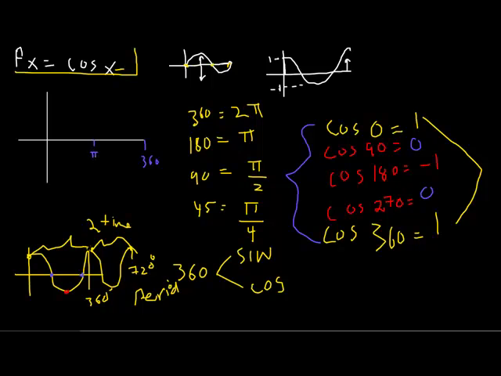This is half of that, so 3 half pi, which is 270, and this is half a pi, which is 90, and this is 0, right there.